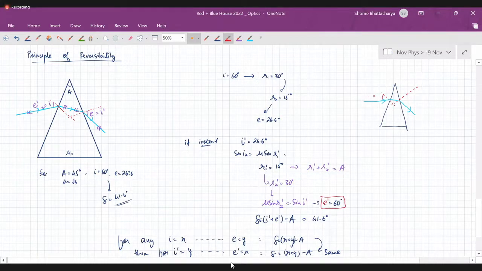this I was 60 degrees and we got the emergence angle as 26.6 degrees. Now, instead of just reversing this diagram, if I reverse the situation also, the same thing will hold true. So if I make the angle of incidence like this, then this diagram will change like this.